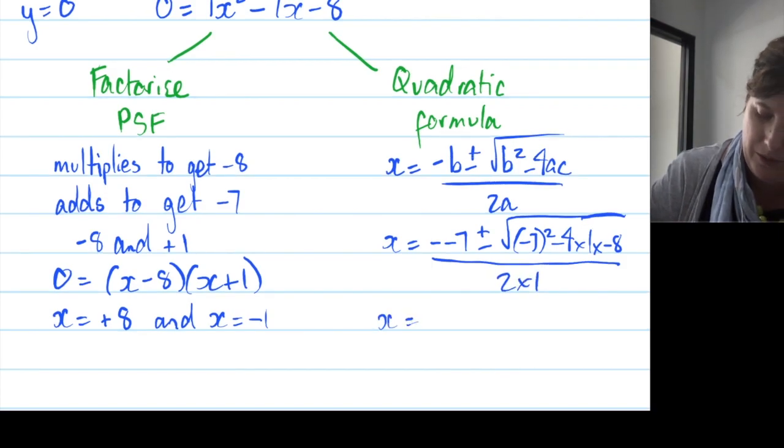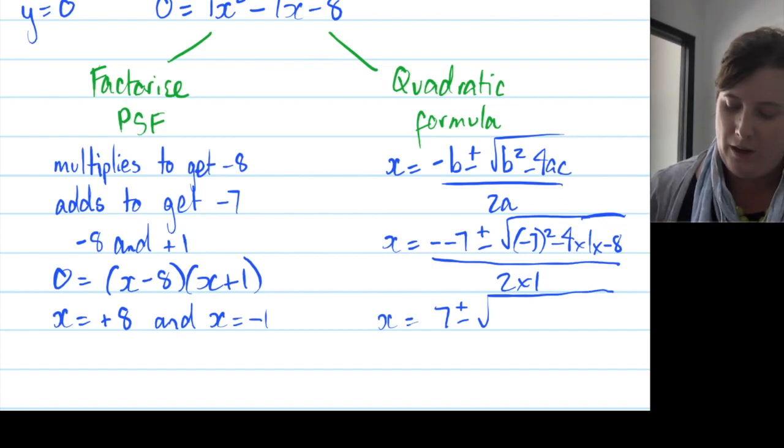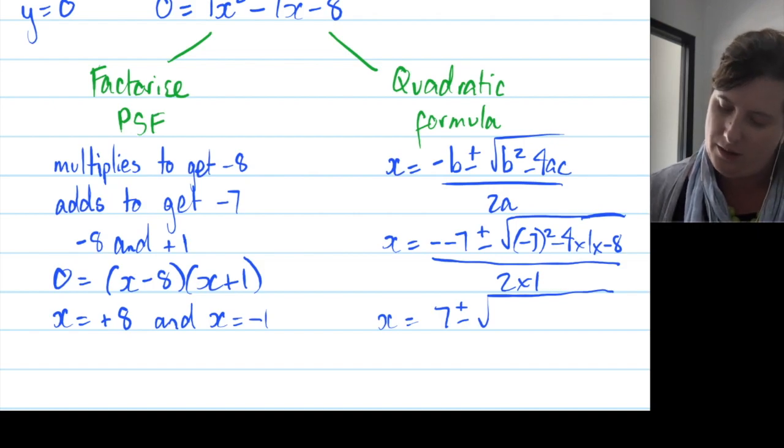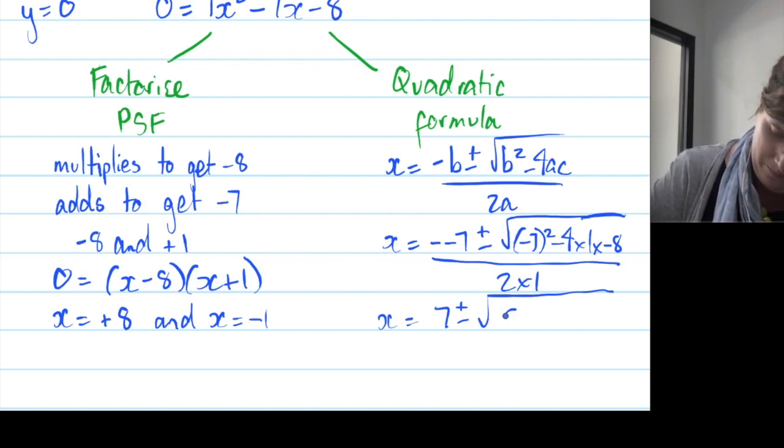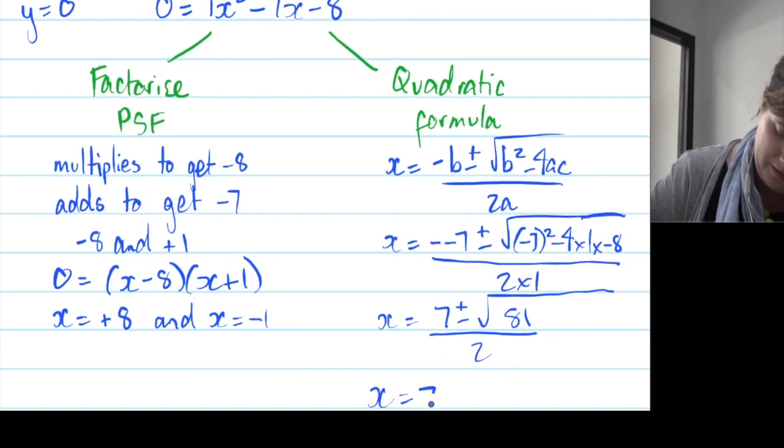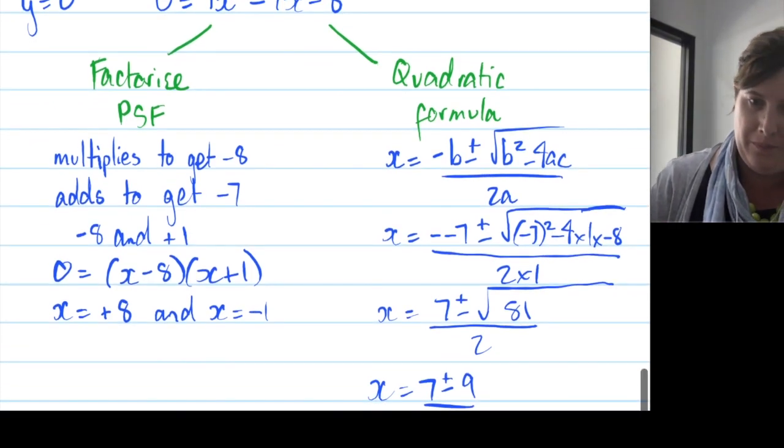X equals, well, that's positive 7 plus minus the square root of 49 plus 32, which is 81, all over 2. So we've got x equals 7 plus minus 9 over 2.